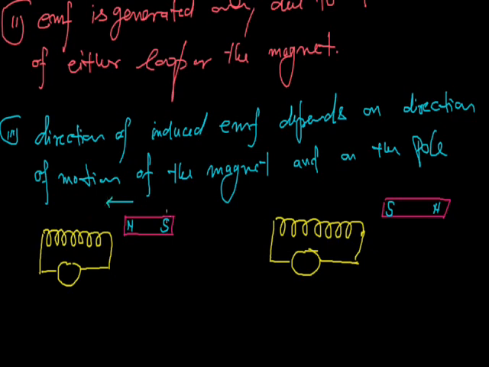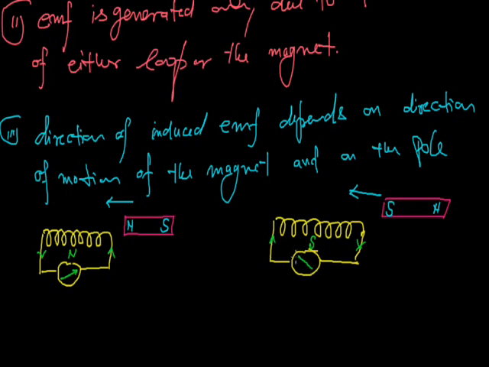When the north pole comes nearer and here the south pole comes nearer to the loop, in this case the direction of current will be anti-clockwise, and here the direction will be clockwise.